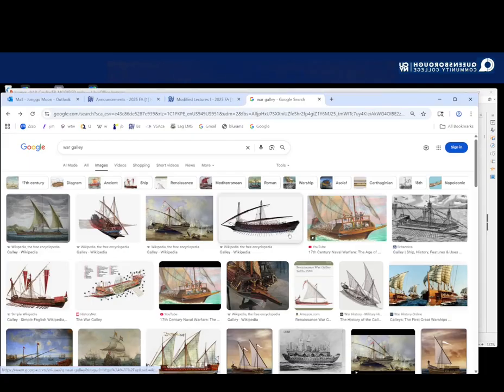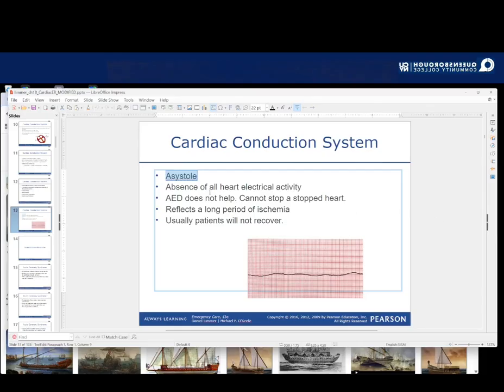What that's saying, it's like every one of the sailors here died, or they went unconscious. I don't know. They all had diabetes, and they all went into a diabetic coma, and so no matter what you yelled at them, nothing is happening. The AED then cannot stop a stopped heart.